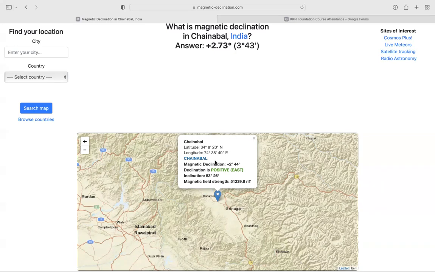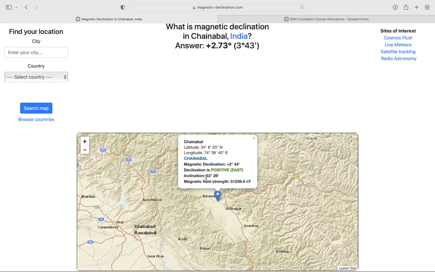If you look at this, there are three terms that I told you. These are the coordinates, latitude and longitude. This is how the coordinates on Google Map are located. Similarly, you have magnetic declination. Declination is positive and it is in the east direction. How to solve the problem, I'll teach you.